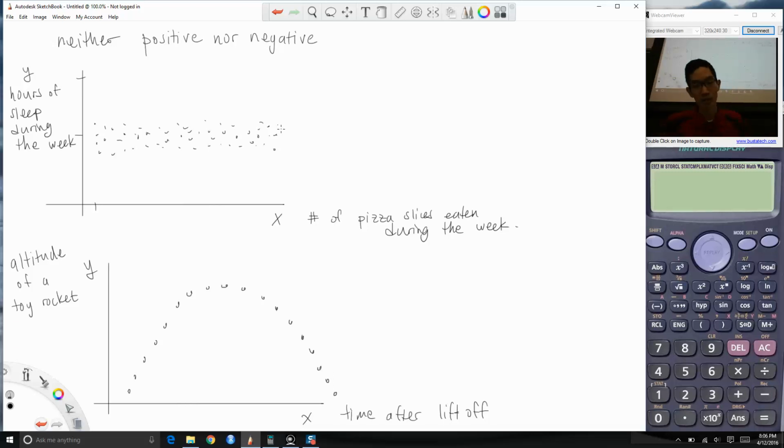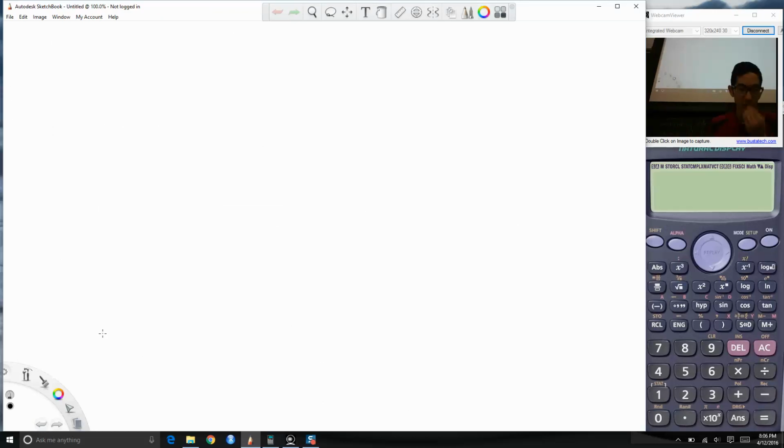In another class you might say this is a quadratic relationship, but we're not going to worry about that. So this is neither positive nor negative. So that's the direction.